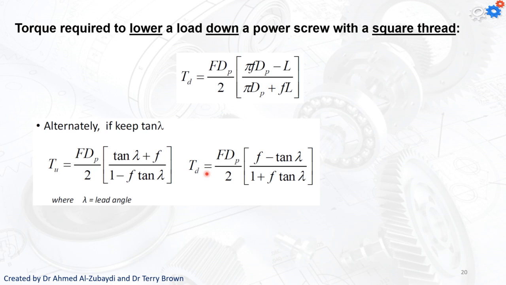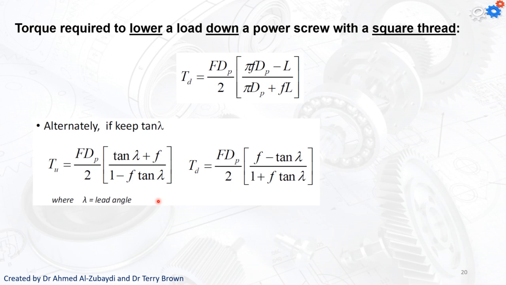The TD for this one, for taking the load up, and this one to take the load down, is going to have a different equation with different signs here. The lambda is the lead angle that we can calculate by using the L and the dP.